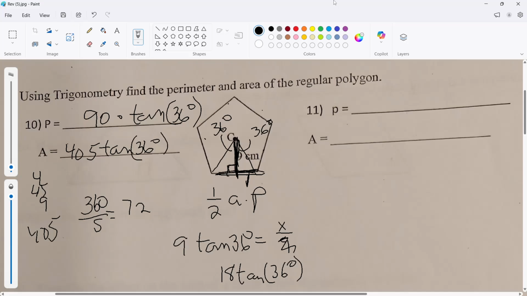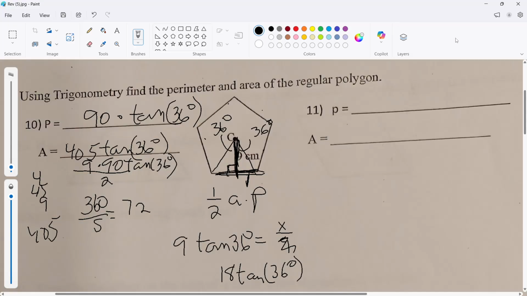You could also write it as 9 times 90 divided by 2 times tangent 36, but this is simplified. 90 divided by 2 is 45, 9 times 45 is 405. I've got it.